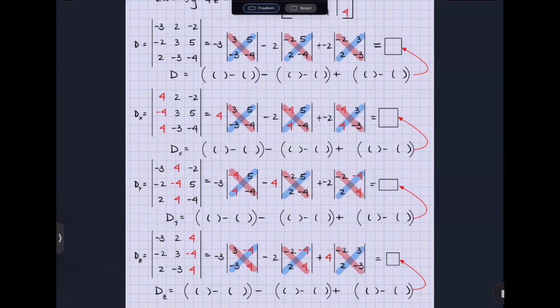If that setup is right, then chances are you're going to get the right answer. And I believe, if I'm correct, you should end up with -5, 20, 20, and 0.